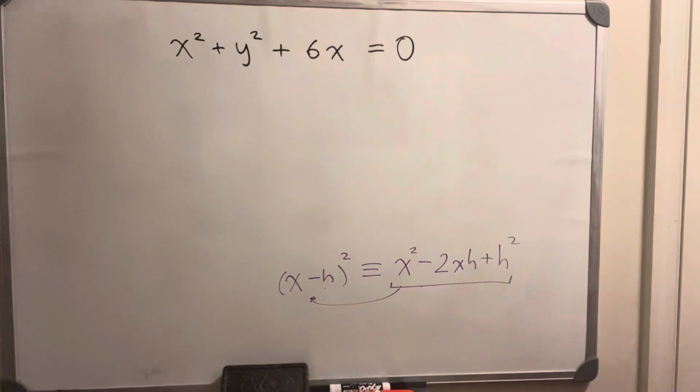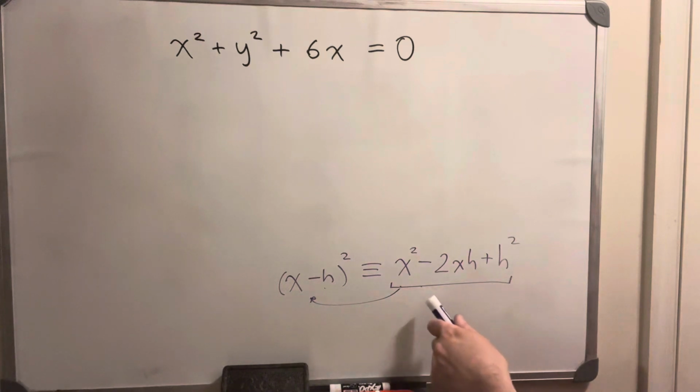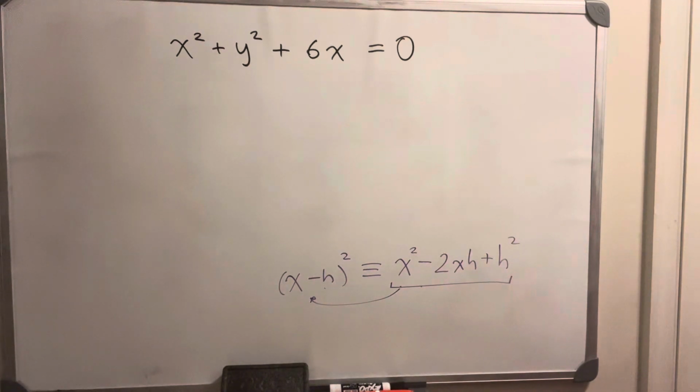So here at the top is the original equation that we're supposed to figure out what's the center point and the radius. And down here I left the key of what we can do to get part of the distance squared formula that we want. So take a look at this.